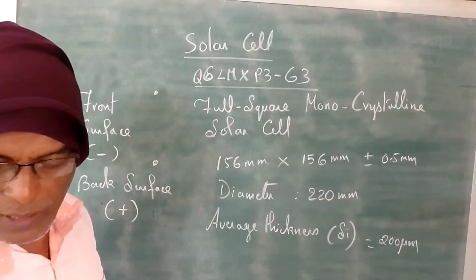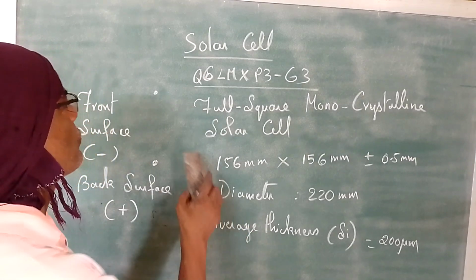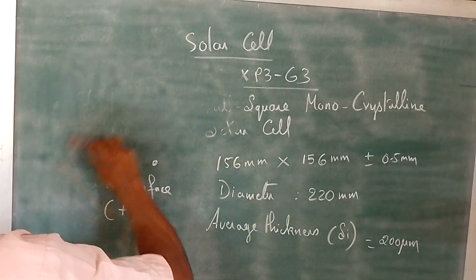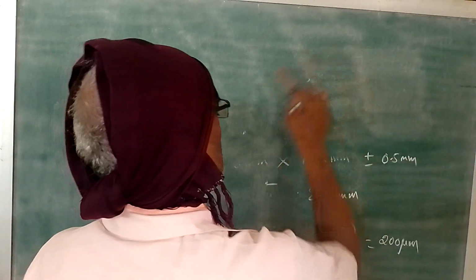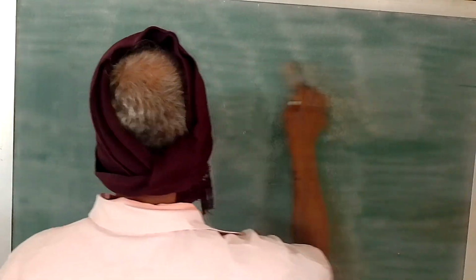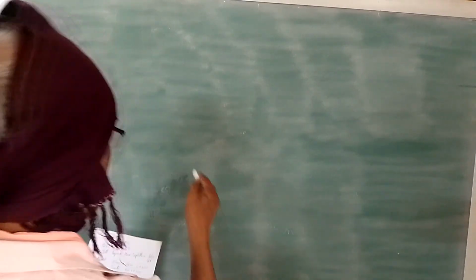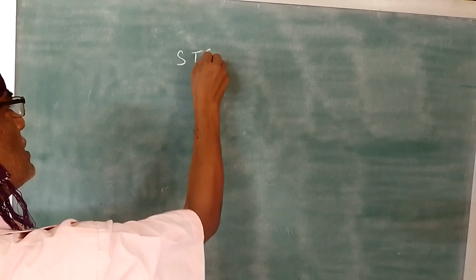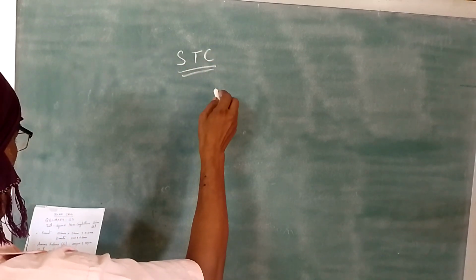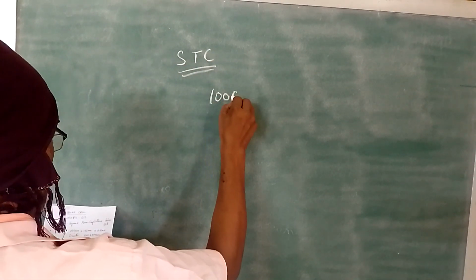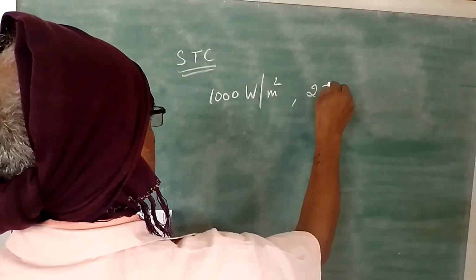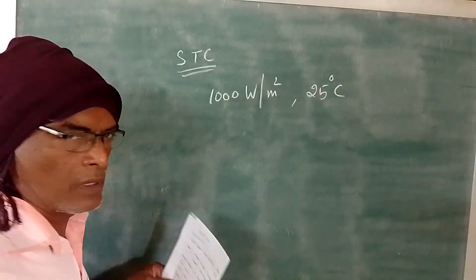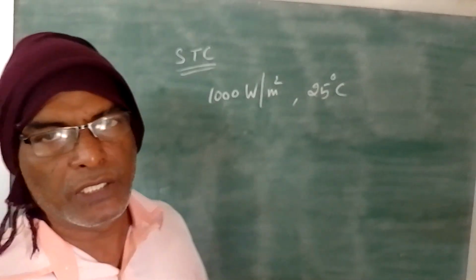And the next parameter is at a standard test condition. Standard test condition, you will be getting 1000 watt per meter square. This is at 25 degrees Celsius. 1000 watt per meter square.